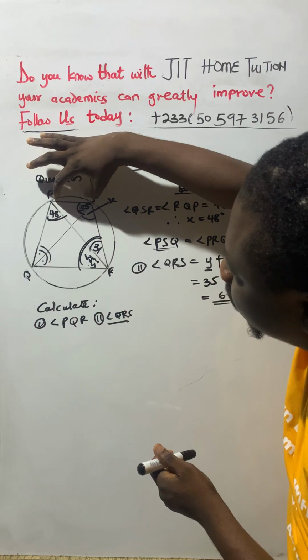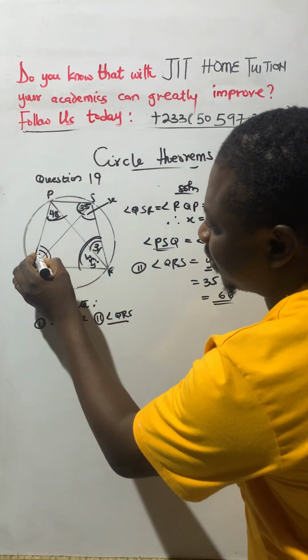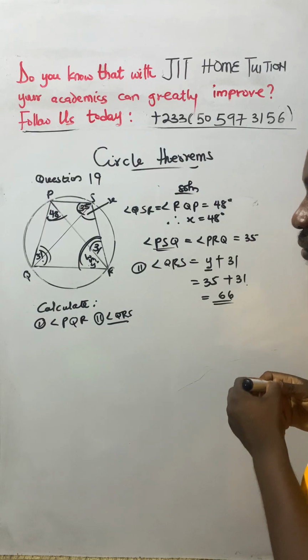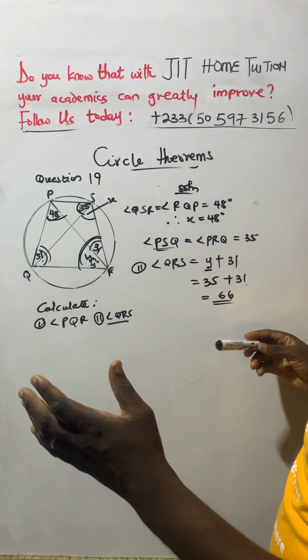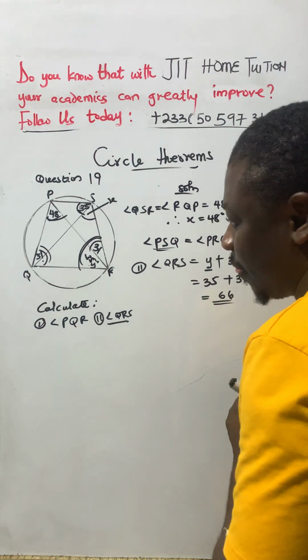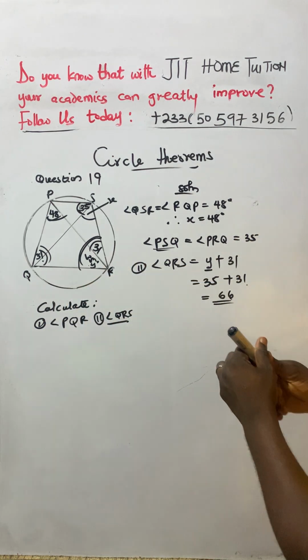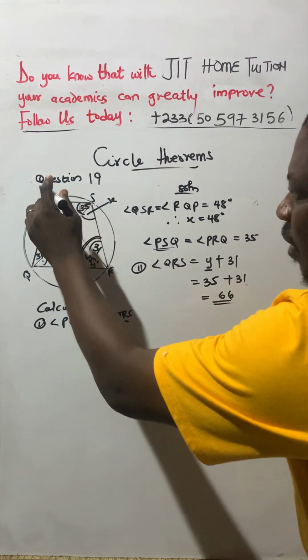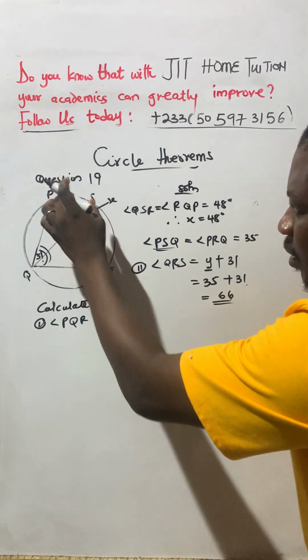That same chord also subtends here at the circumference, meaning that this side is also 31. I don't know whether you are following what I'm trying to teach. It's a little bit confusing, but kindly pay attention.